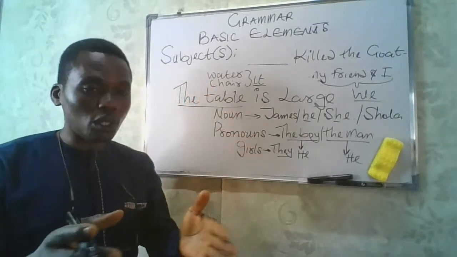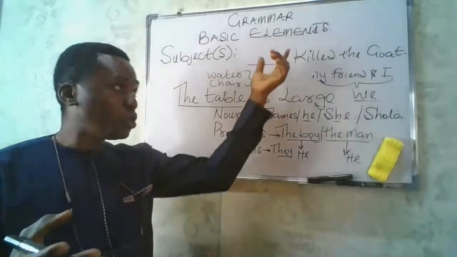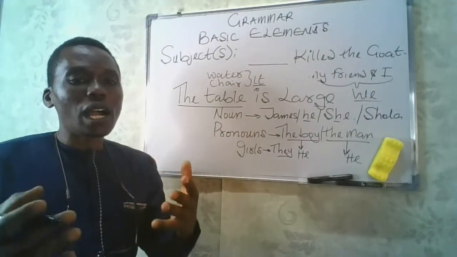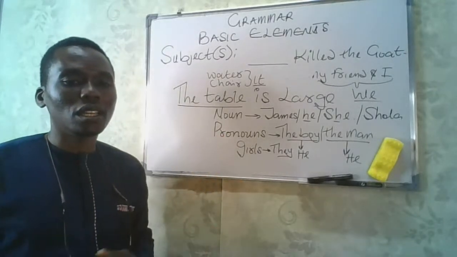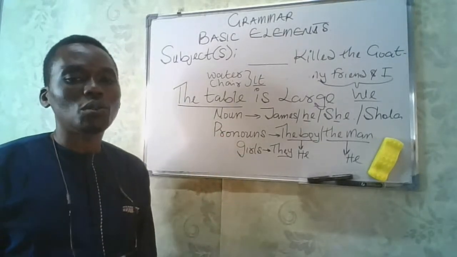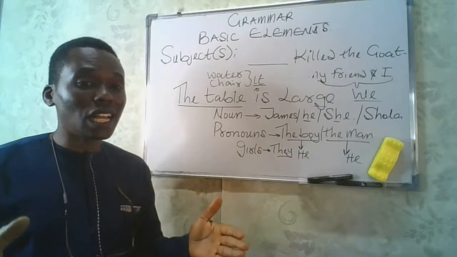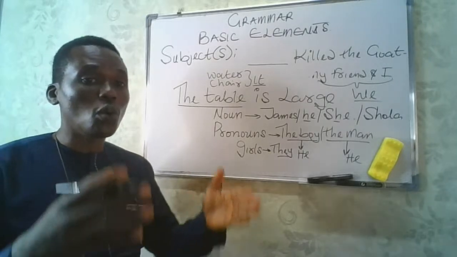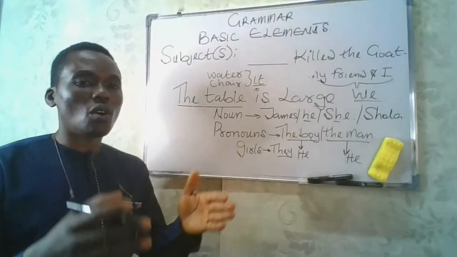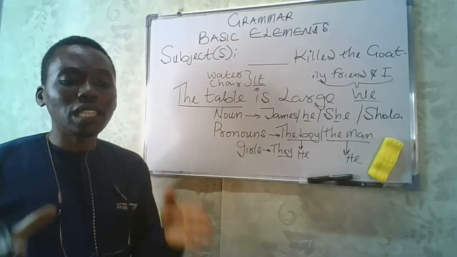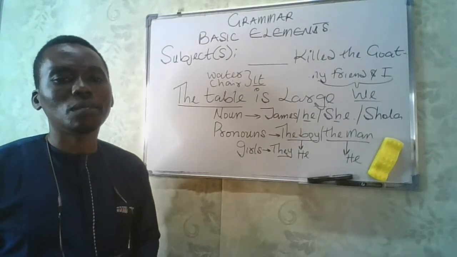And when we go to the options, if we see a noun there, we'll choose it, so long as it corresponds with the sentence once read out. So you see, that's exactly the essence of getting to know the basic elements of a sentence. So that is that for the subject.